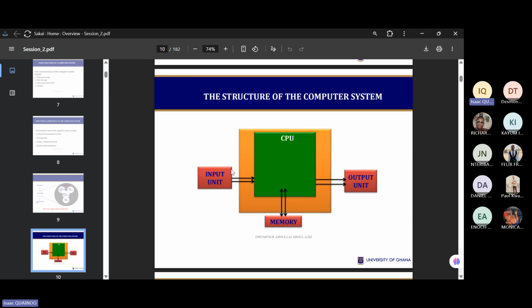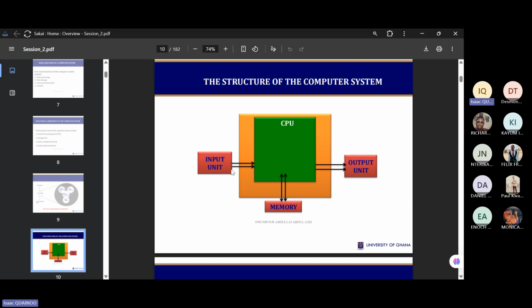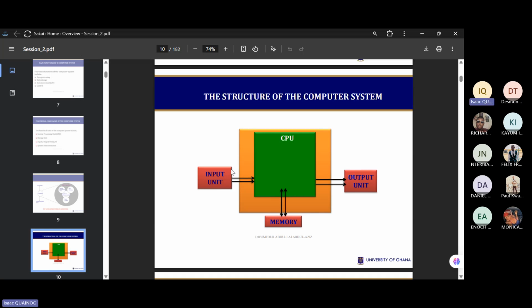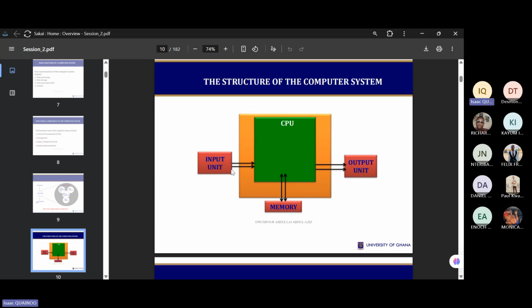Under section 1, we briefly highlighted this, but under section 2, we are going to go into it much deeper. So when you take a complete computing system, you should have something like this.